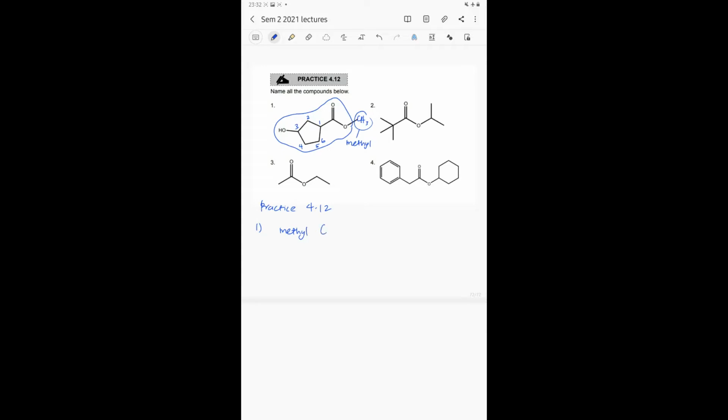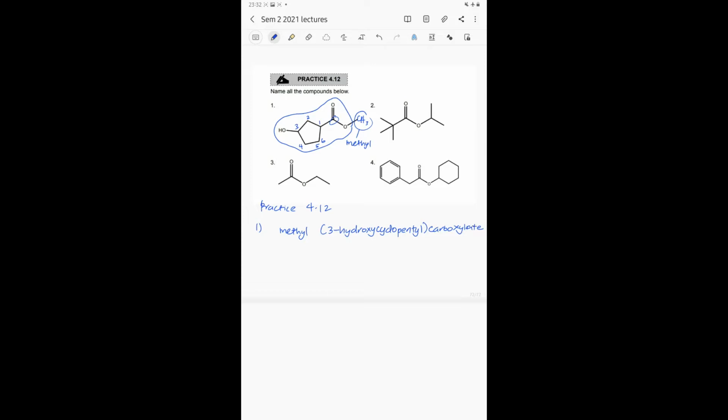Then we give the name to the substituent. The substituent here is 3-hydroxy, which is the substituent for cyclopentyl. Close bracket. And we have only one carbon right here in the alkanoate part, so we call it carboxylate.